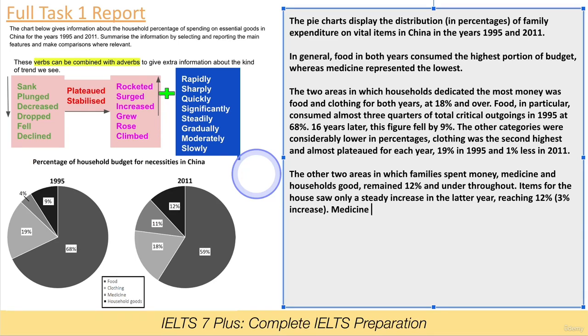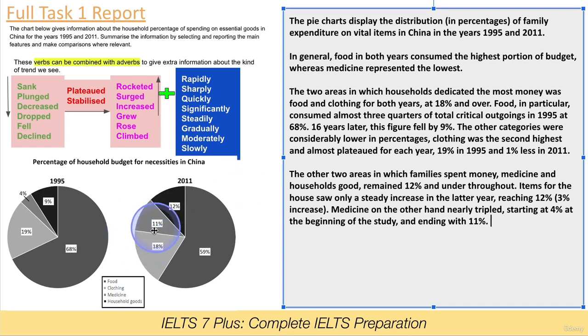So medicine, on the other hand, nearly tripled, starting at 4% at the beginning of the study and ending with 11%. Okay, I think that's good.